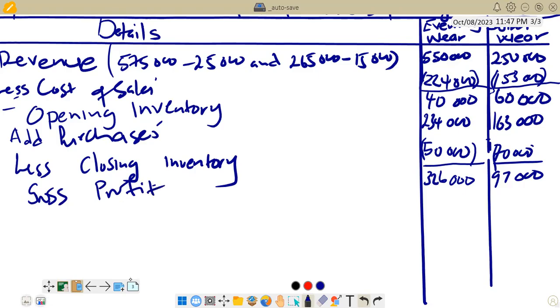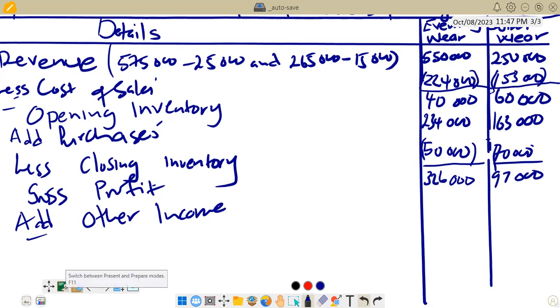So having done that, now we go to add other income. This will be showing you what you are supposed to do there. Here we are saying add, so it means we are going to add the figure for other income. Then for other income, we try to find out what income we have in the question.